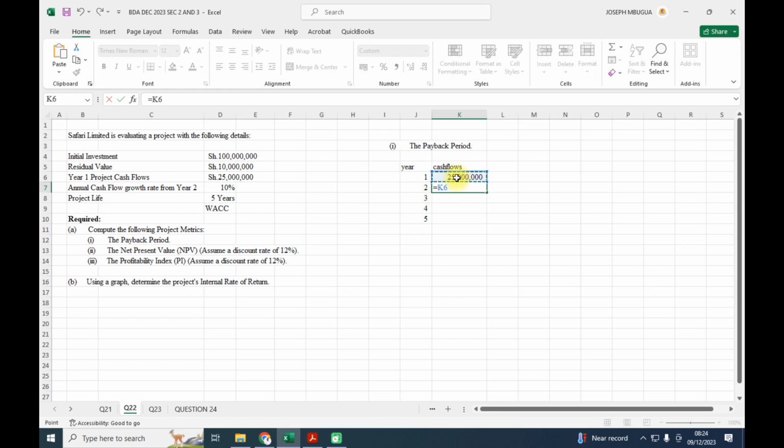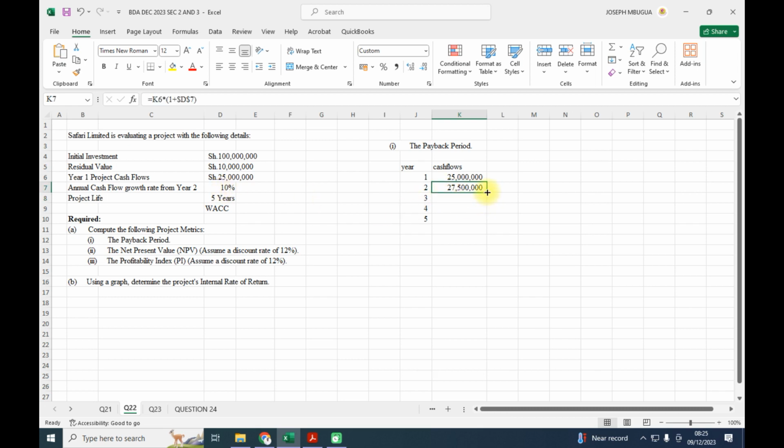So we shall pick this, we multiply by 1 plus, and open this 1 plus this, and this rate will be constant, so I lock that that way, so that you can be able to effect that particular growth rate.